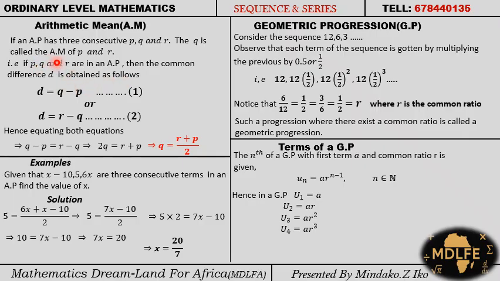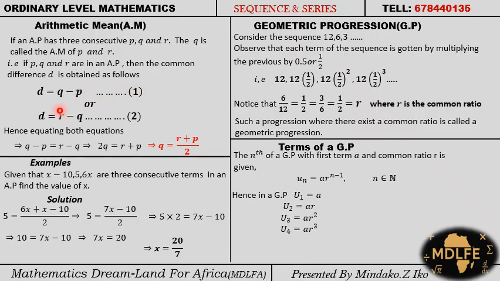As we all know, in an AP you can get the common difference by taking the second term minus the first term. So my common difference here is Q minus P, or you can take R minus Q, which will still give you the common difference.